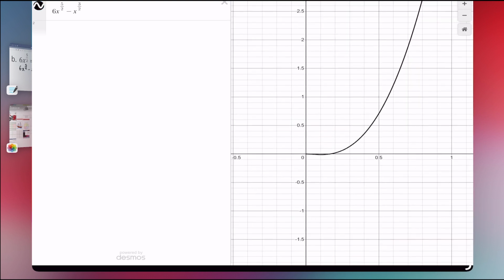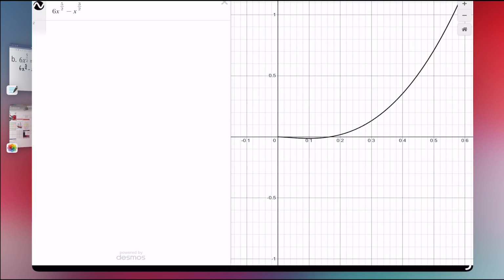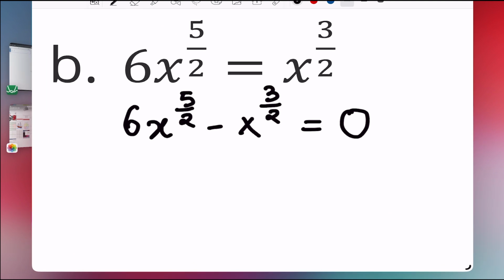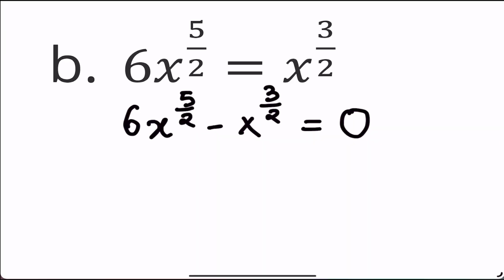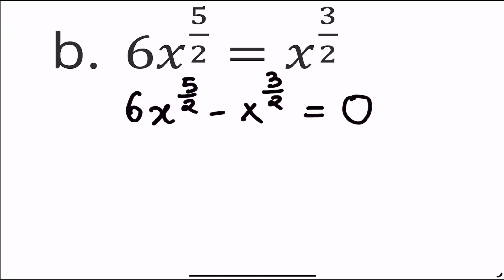I'm looking closer to see if I have any x-intercepts. I have 0.1667, and I have two x-intercepts. And when you have roots like this, you don't have a choice other than to work it out. So let's do it.